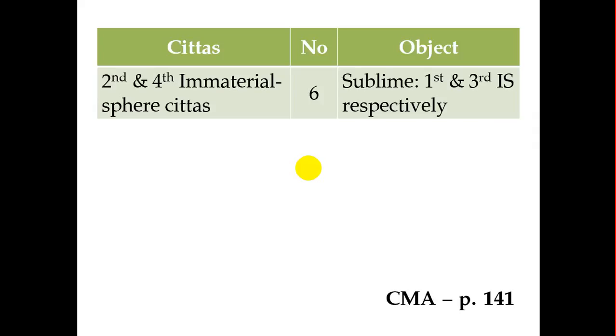The deeper your jhana becomes, the kasina is getting more and more settled, right? But when you keep on meditating on the kasina, you begin to find fault, the danger of material form.